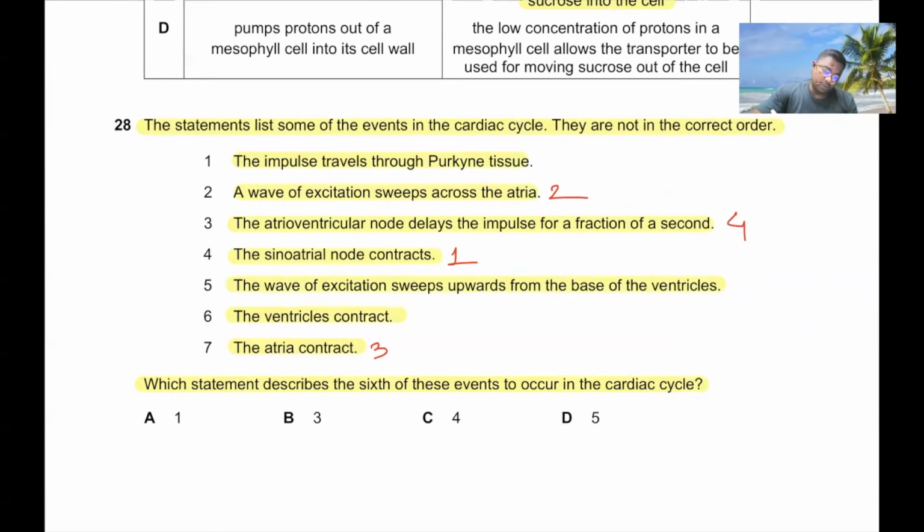This should be the fourth event. Fifth event, the impulse travels through Purkinje tissue. And then the sixth event should be the wave of excitation sweeps upward from the base of the ventricles. So the sixth event is number 5. D is the correct answer. Question number 28, D.